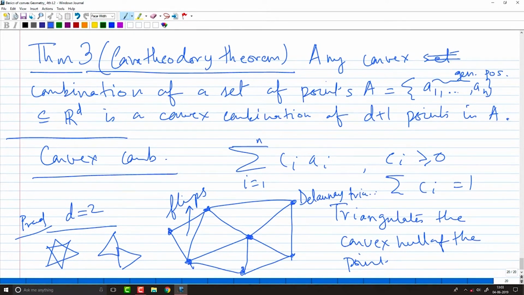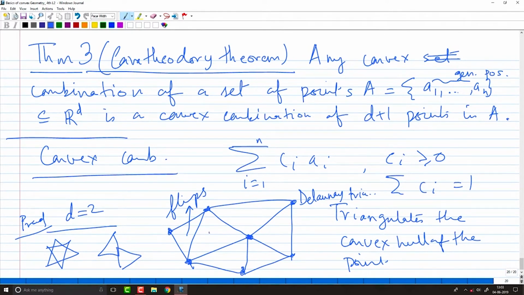So, let us see how to prove it. Assume you already know a result that the Delaunay triangulation triangulates your convex body. Does this theorem in R2 need a proof anymore? It does not, right?